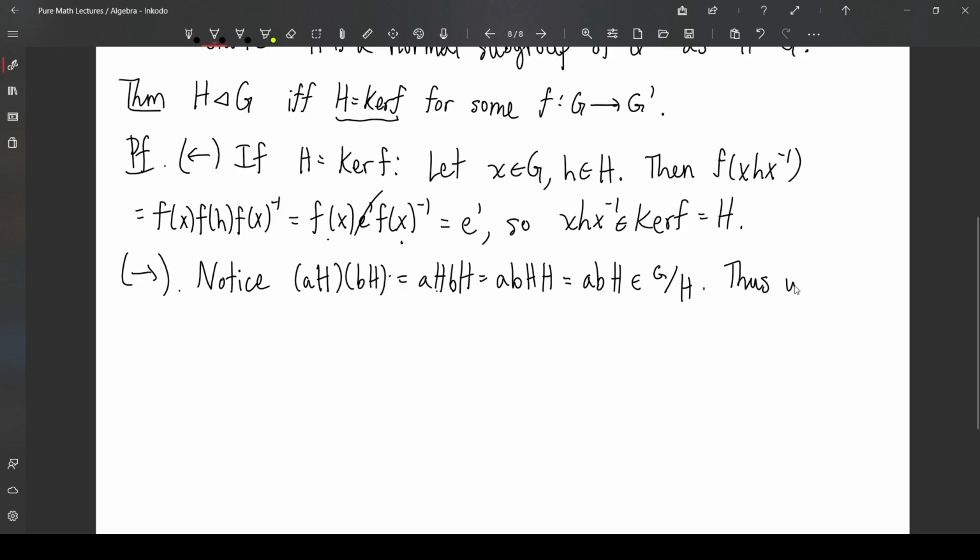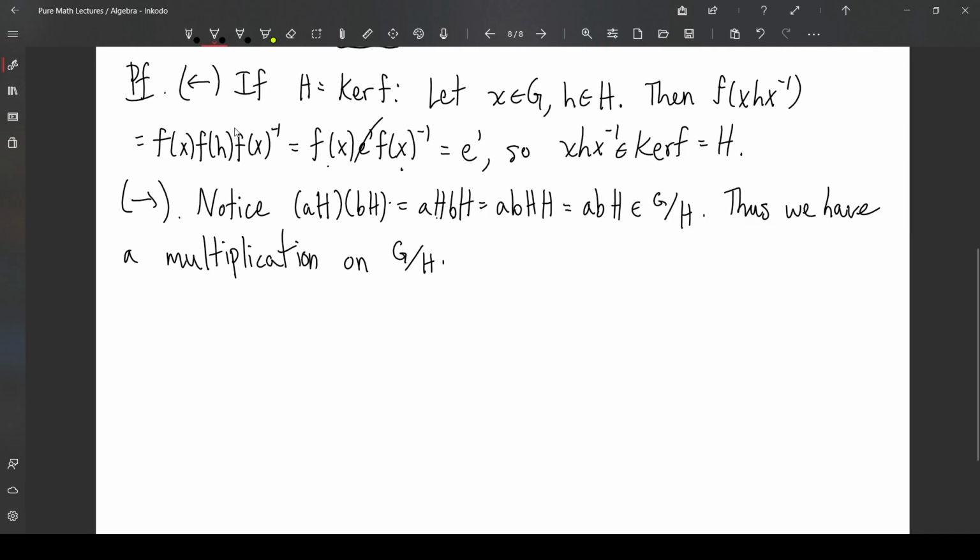Thus, we have a multiplication on the set of cosets. And this is going to be actually a group operation. So the first step is showing that this product is associative. I'm going to skip that step because it really just boils down to the associativity of G itself.